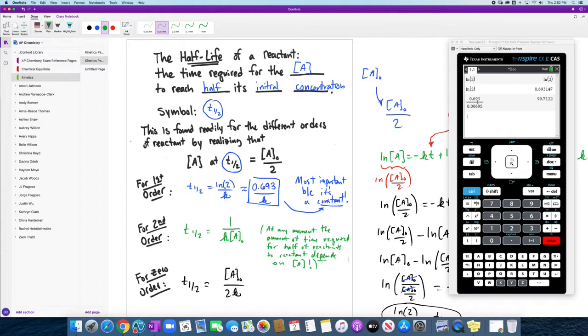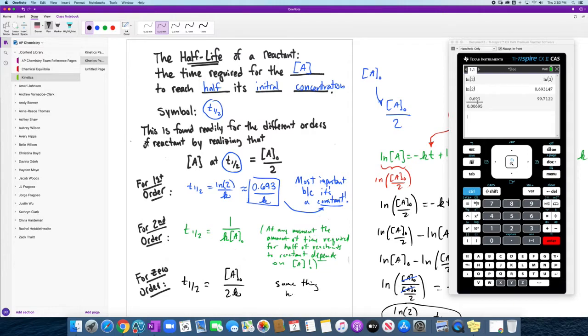So this is not a constant amount. And the same is true for the zeroth order. 2 and k, those are constants, but the initial concentration of A is changing all throughout the course of the reaction. If you look at a graph and pick another particular moment, that's going to impact how much time is required. So same thing here.